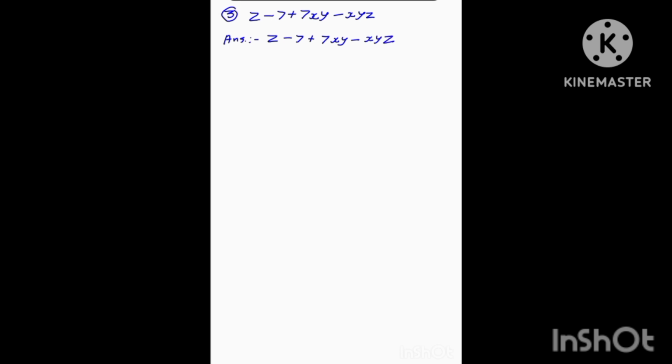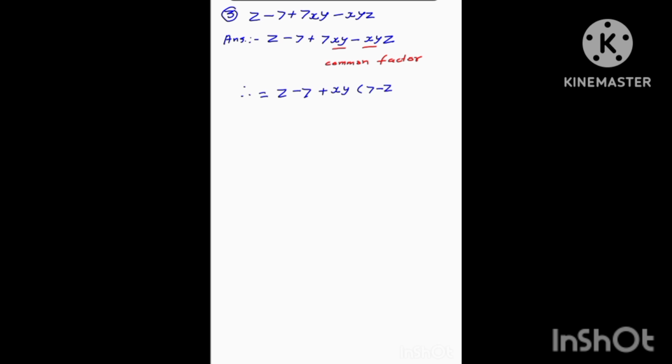See that in the last two terms, xy is common. It should not be that only the first terms must have a common factor. Even the last two terms can have a common factor. Okay, no problem. So the common factor is xy, take it out and write z minus 7 plus xy taken common, and you get 7 minus z.